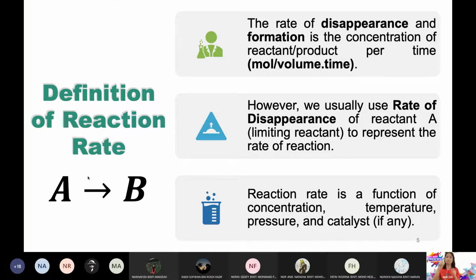Okay, and second, kadar tindak balas ada dua jenis kan, rate of formation, rate of disappearance. Kita kena seragamkan juga, tak bolehlah plan A kira rate of formation, plan B kira rate of formation, tak boleh, dia kena standardize. So kita akan guna rate of disappearance. So kita akan kira rate of disappearance of A. So kenapa this is important? Sebab kamu kena faham, most of the time, when the design of reactor, we will use this rate of reaction.